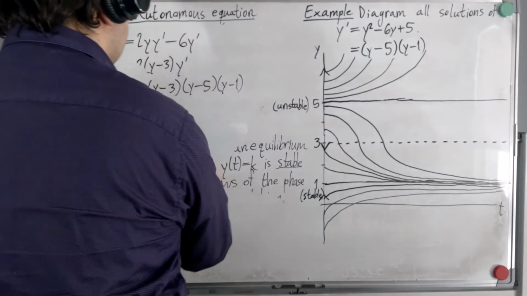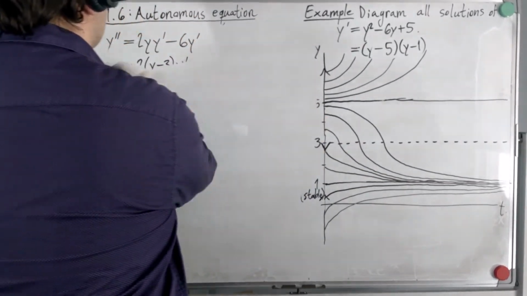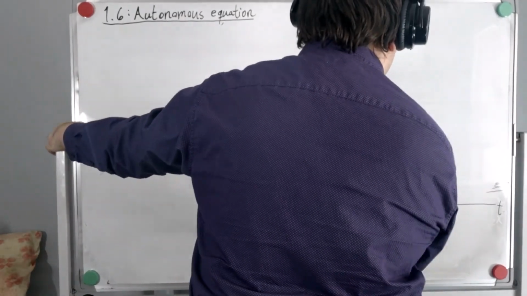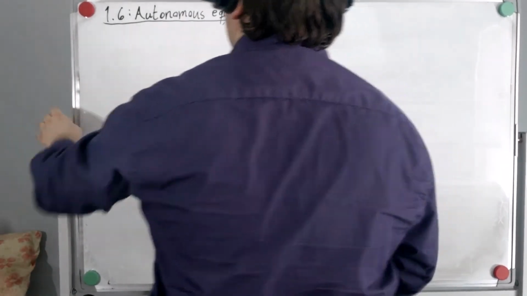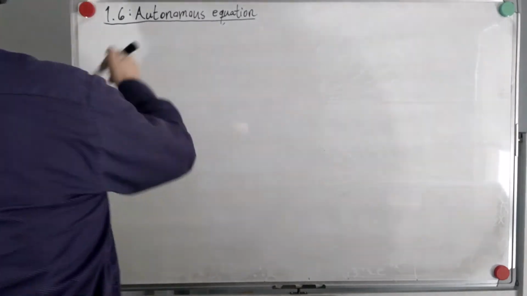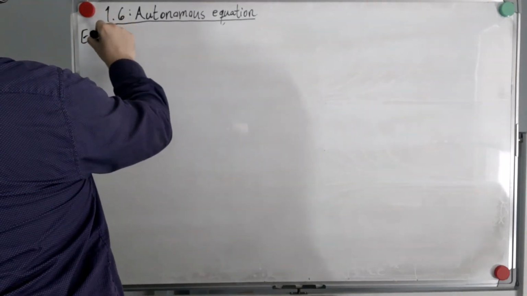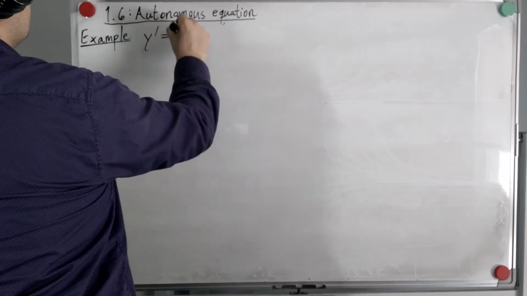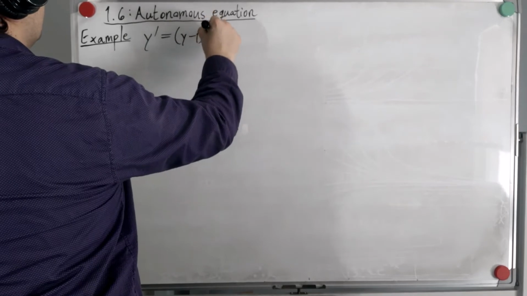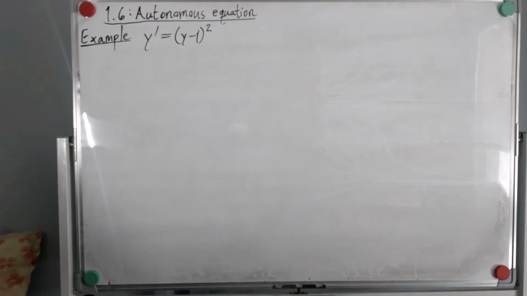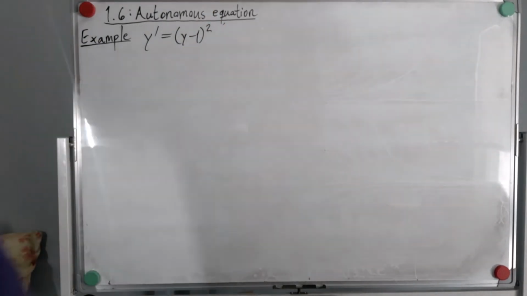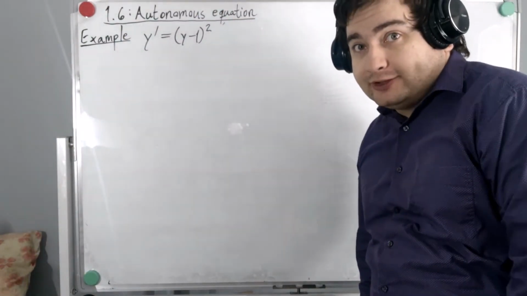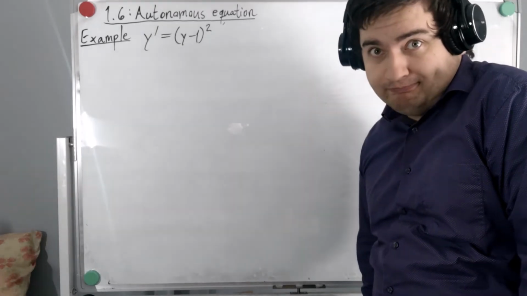Now then, let's take a look at the autonomous ODE y prime equals y minus 1 squared. Okay, so for this one, there's only one equilibrium solution, and that's when y equals 1.